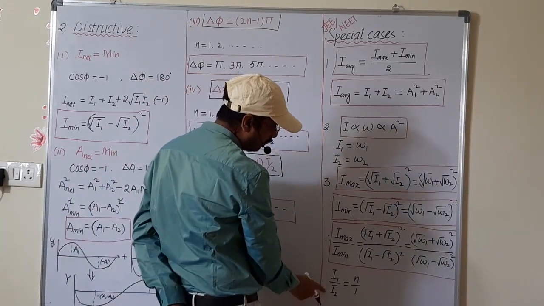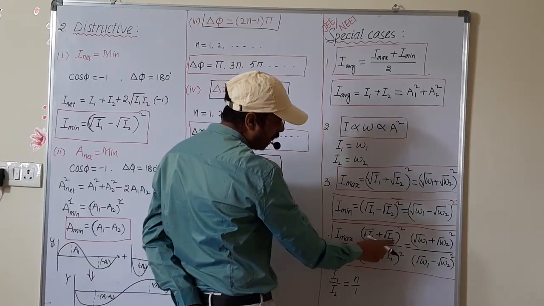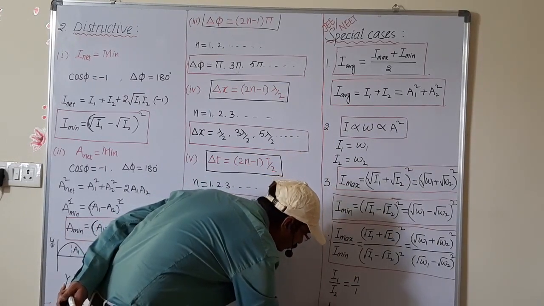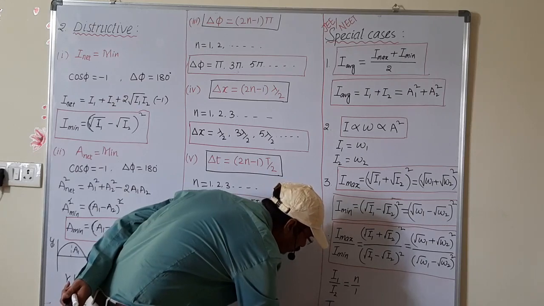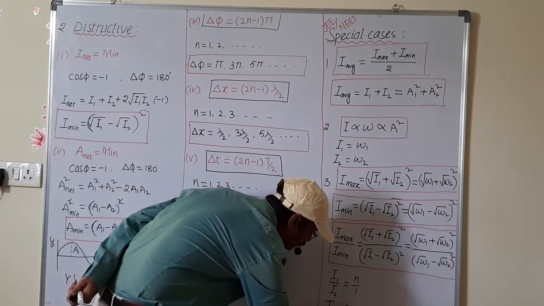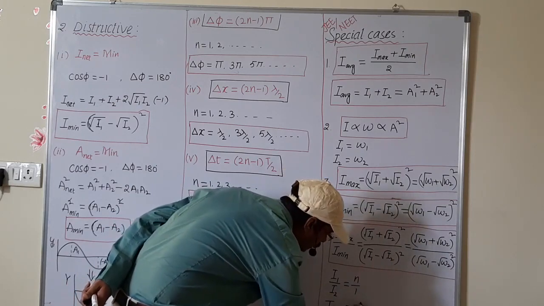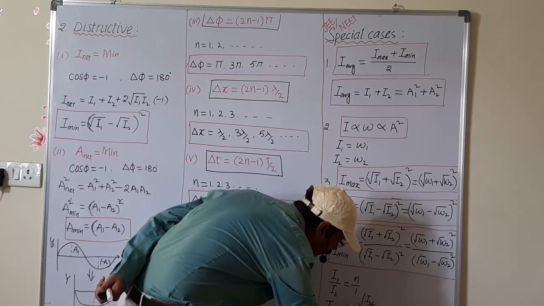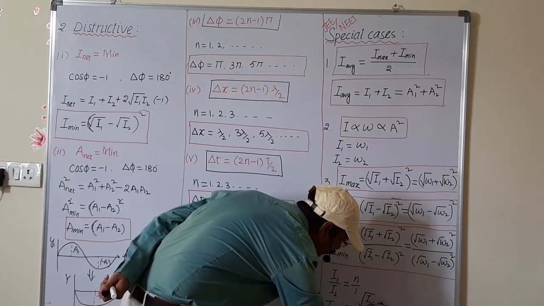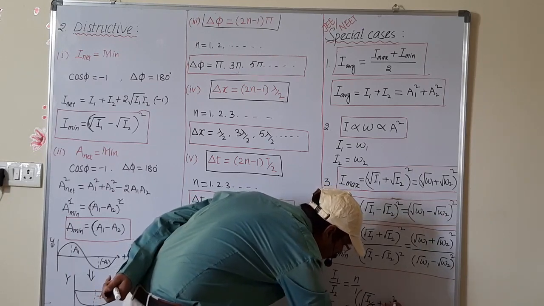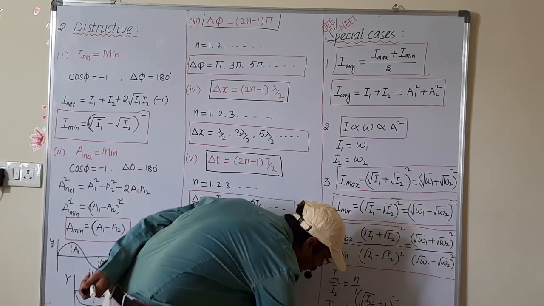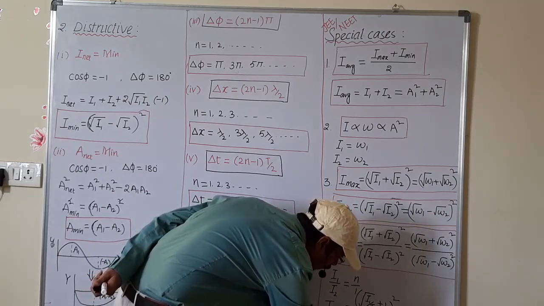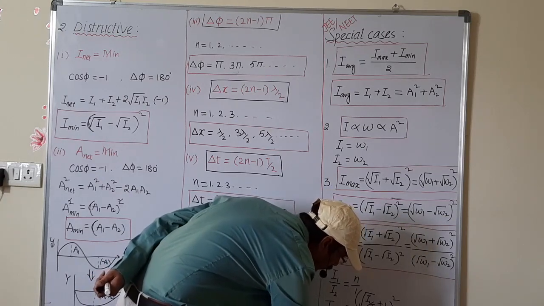Whenever they are giving the ratio like that, what we have to do is take I2 common in this equation. That equation we can write: I max is equals to, take the common I2, the time we can write it I2 into root I1 upon I2 plus 1 whole square, upon root I1 upon I2 minus 1 whole square.